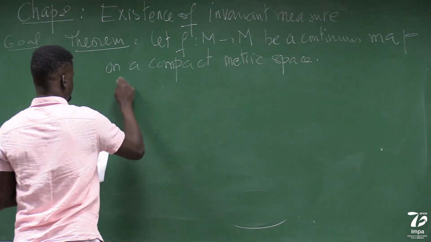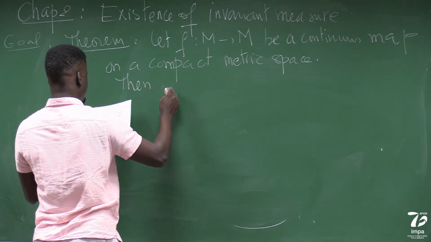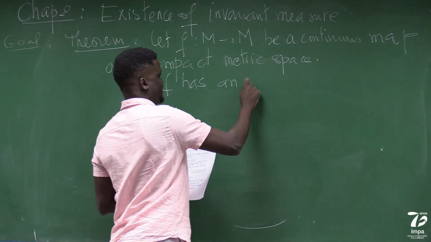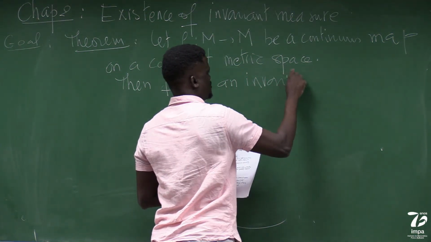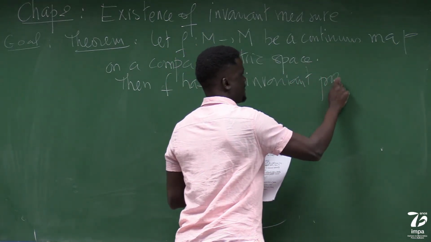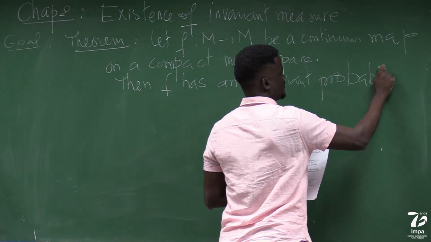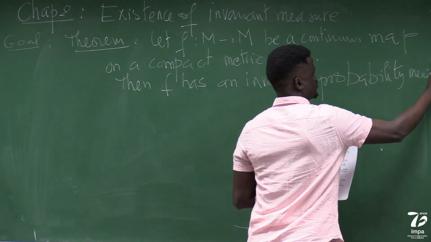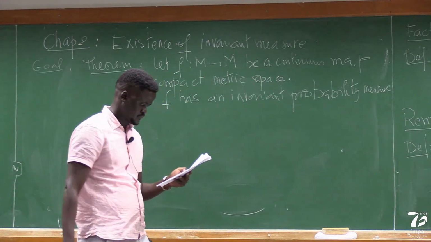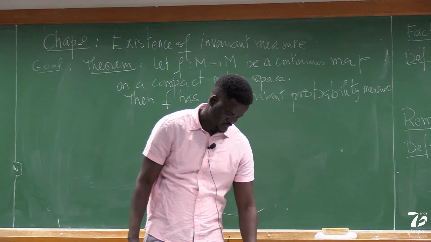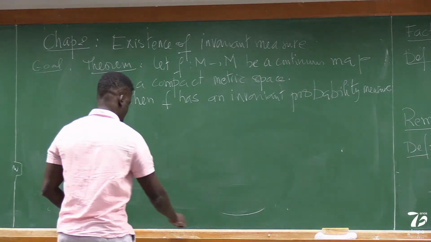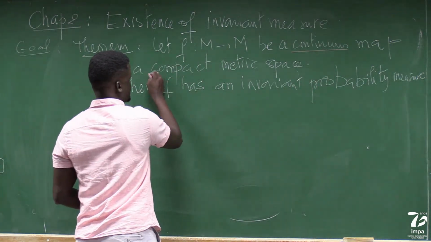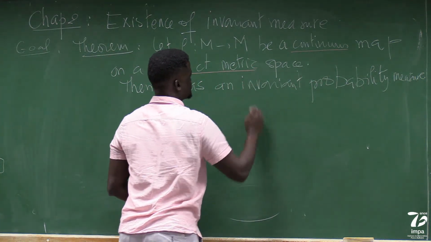Then F has an invariant probability measure. See that this theorem that we will prove has conditions we did not have before in general. It's compact metric.